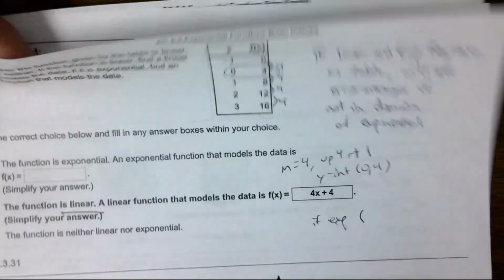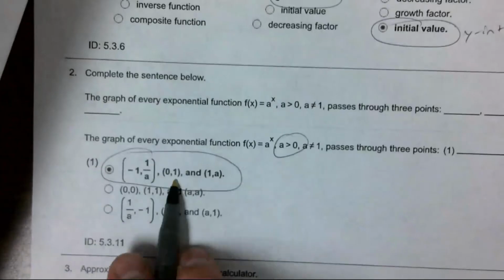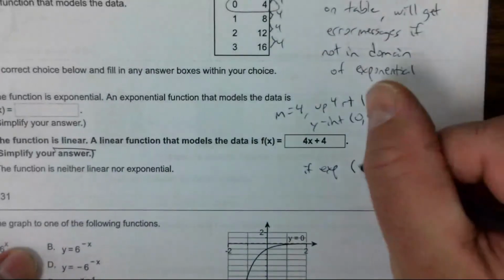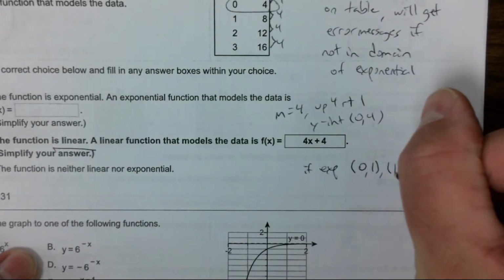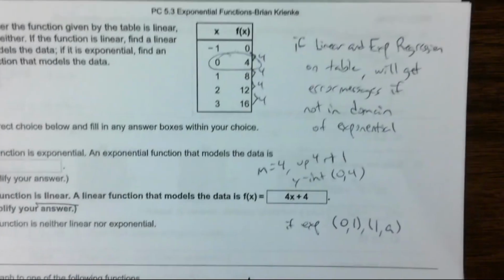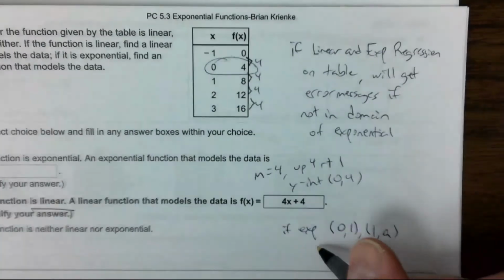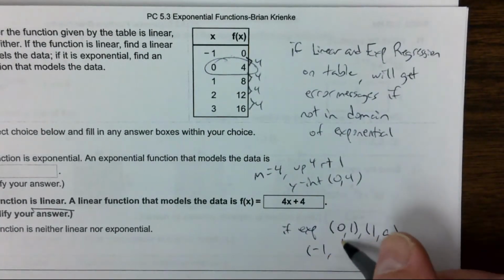Let's go back to that. Zero, 1, and 1A. And -1, 1 over A.